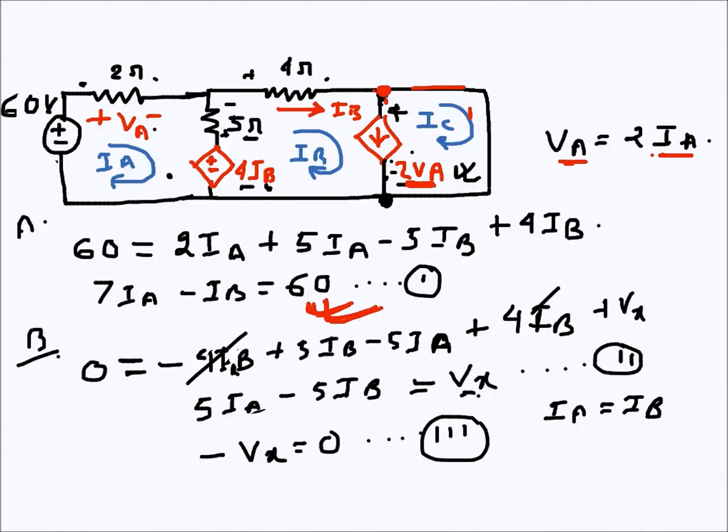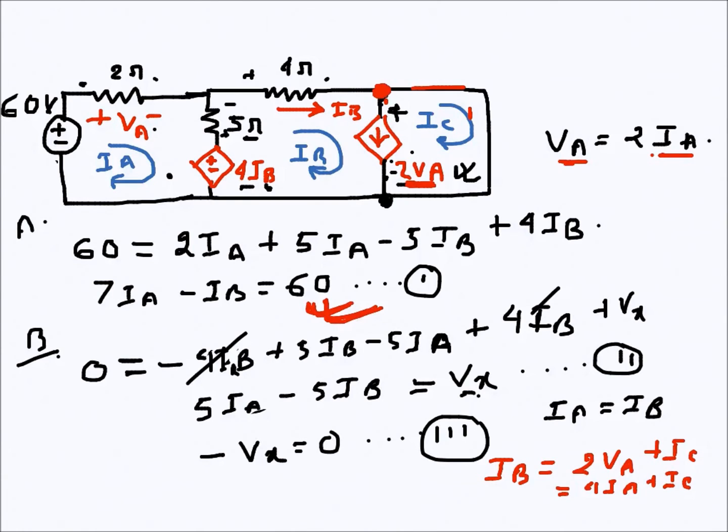So basically our node KCL equation at this node can be IB is equal to 2VA plus IC, and 2VA is 4IA. So 4IA plus IC is this thing.